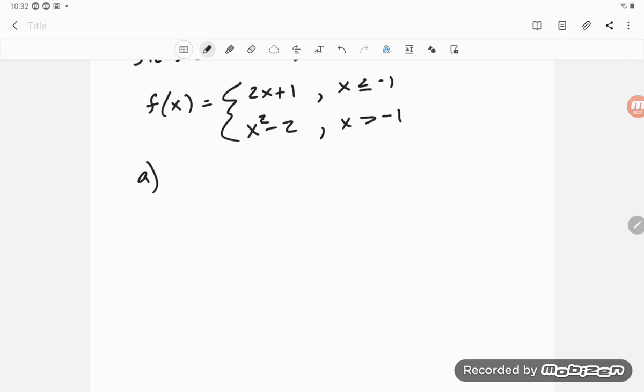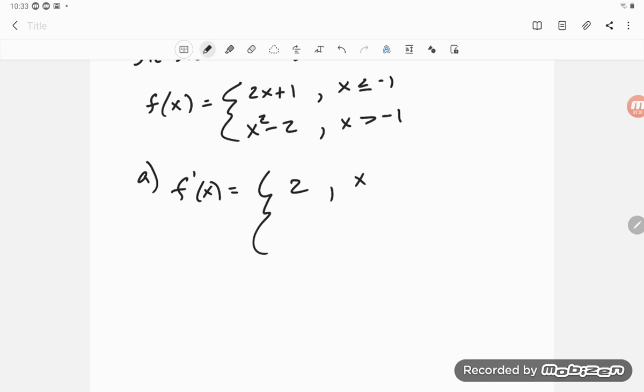So I'm going to find the derivative, and I'm just going to do each part. The derivative of 2x is 2, and that's when x is less than... well, actually, we have to be a little careful there.